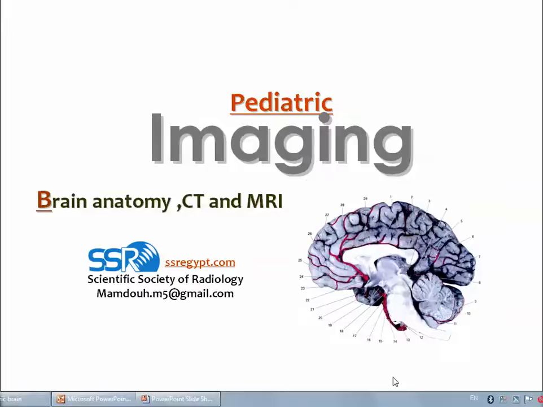Then we will start by the neuroimaging, and we have in this domain about 3 or 4 lectures, starting by the normal brain anatomy by CT and MRI.